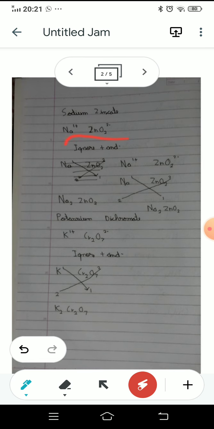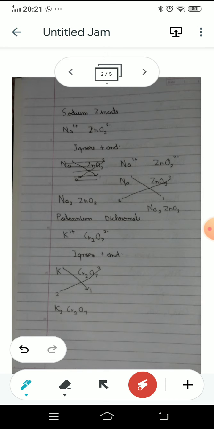Then we have to ignore the plus and minus signs. Sodium is 1 plus, zincate is ZnO2 2 minus. We ignore the signs, interchange the valency and then we form the formula, that is Na2ZnO2. So this is the formula. Now see, there is an error in this formula.